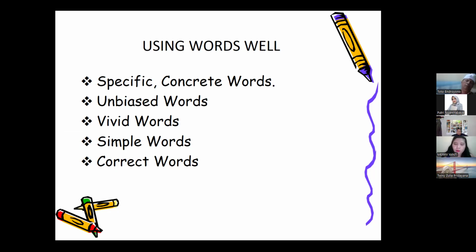For example, we have to know the difference between effect and affect, or there and their. So, in summary, to speak or write effectively, choose words that are clear, fair, imaginative, easy, and correct.